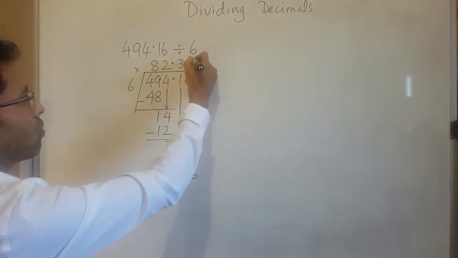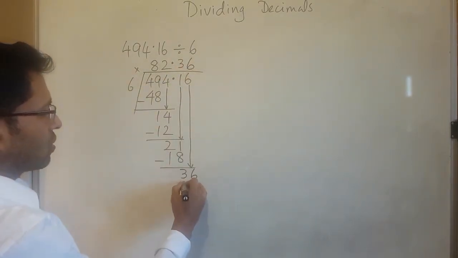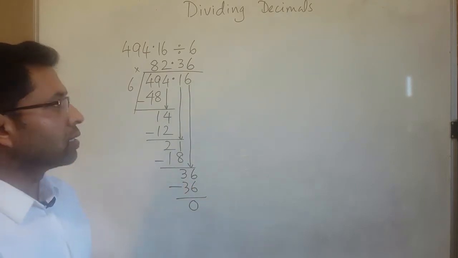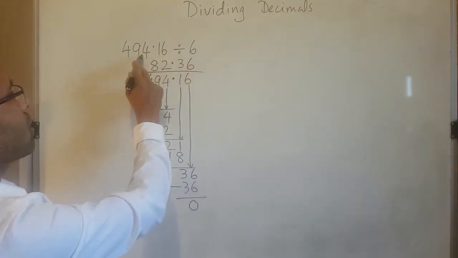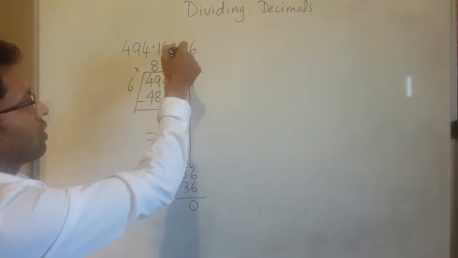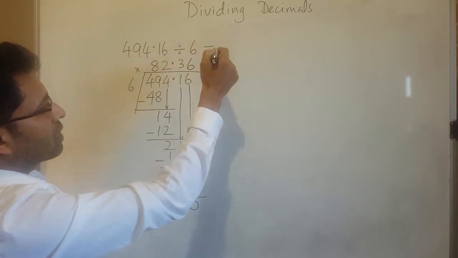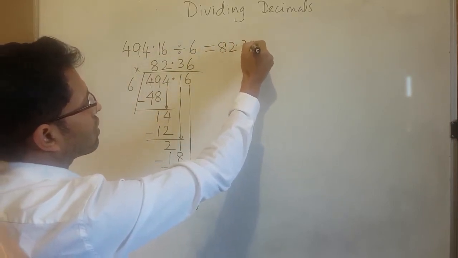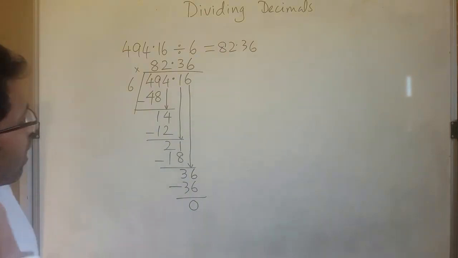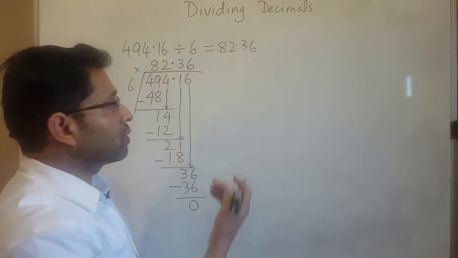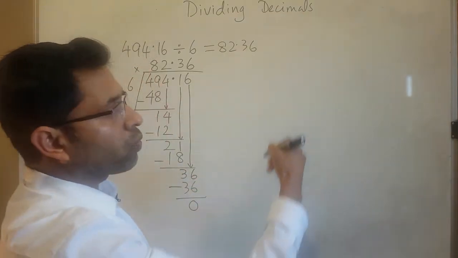So 6 goes 6 times because 6 times 6 is 36, and if you subtract it, nothing remains. So if you divide 494.16 by 6, the answer is 82.36.